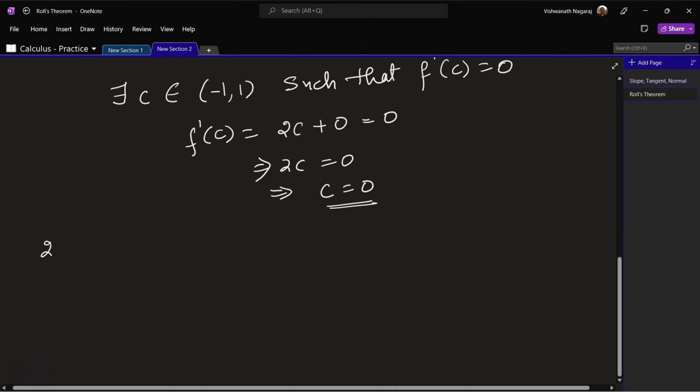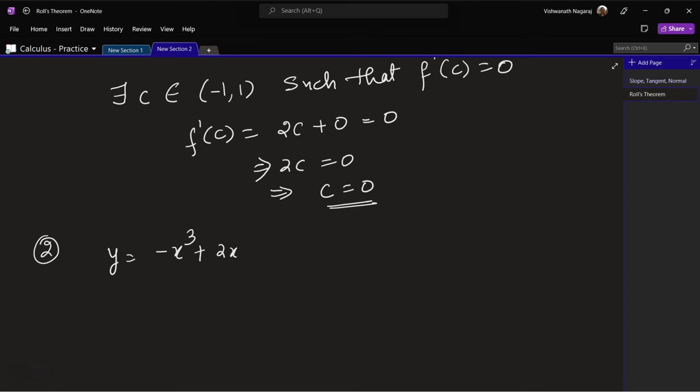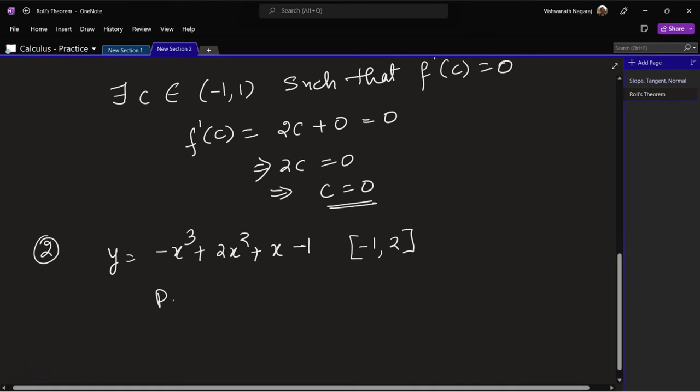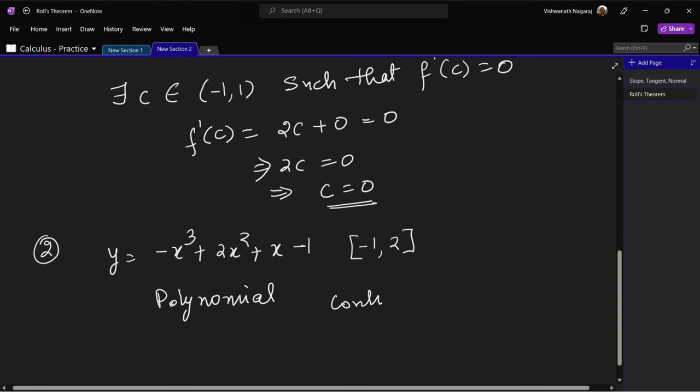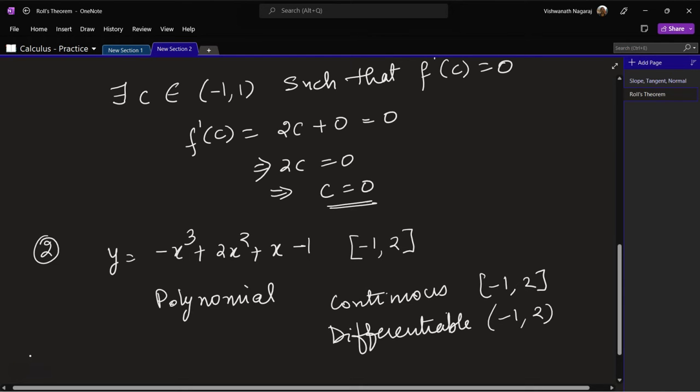Now let's look at the second problem. y is equal to minus x cube plus 2x square plus x minus 1 in the closed interval -1, 2. It's a polynomial. Since it is a polynomial, it is continuous in the closed interval -1, 2. It is differentiable in the open interval -1, 2.